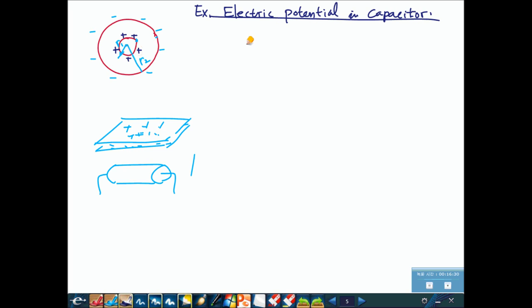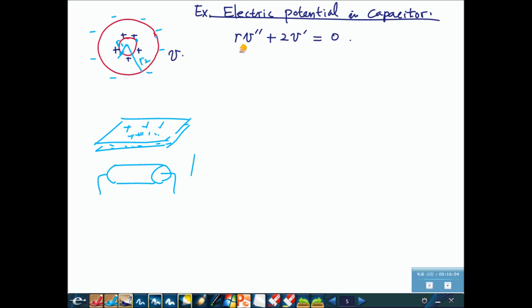From the experiment, they found this. V is the potential, the voltage, the electric potential, and R is the distance or the radius of the capacitor ball sphere.